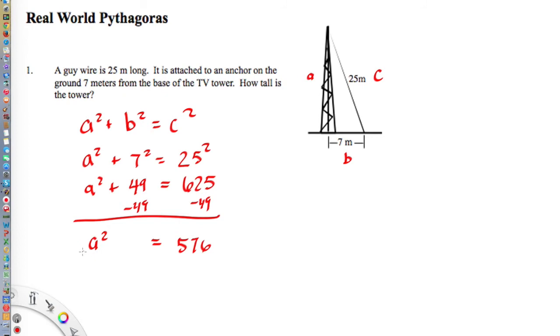Okay, now my last inverse operation, what's the inverse of squaring something? Finding the square root. Okay, and what I do to one side, I need to do to the other. And 576 happens to be, very nicely, a perfect square. So A is equal to 24, and that's our answer. The height of this tower would be 24 meters.